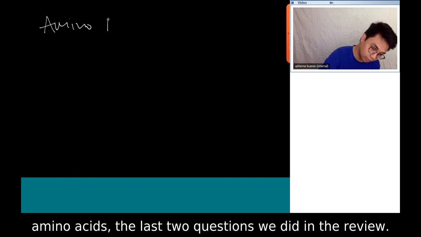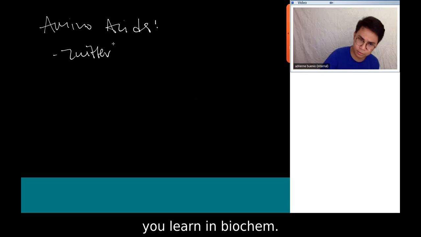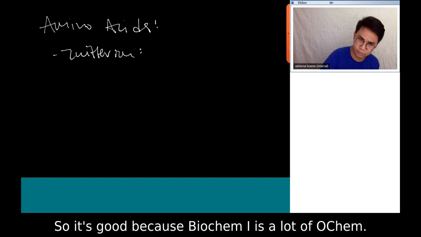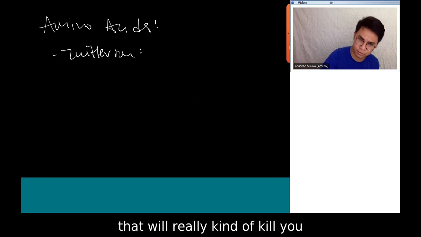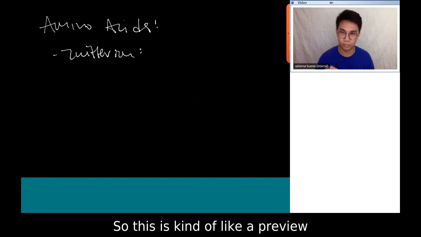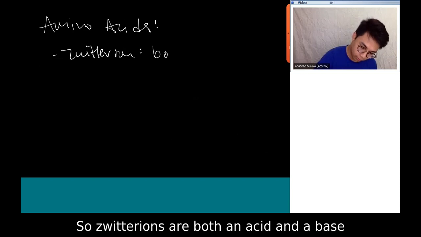Okay. So last but not least, amino acids, right? The last two questions we did in the review. It's because of the zwitterion, and this is pretty much the first thing you'll learn in biochem. It's good because biochem one anyway is a lot of OChem. Biochem is one of those classes that will really kill you if you don't stay on top of it. So this is kind of like a sneak peek of it. Zwitterions are both an acid and a base because of their charges, right?